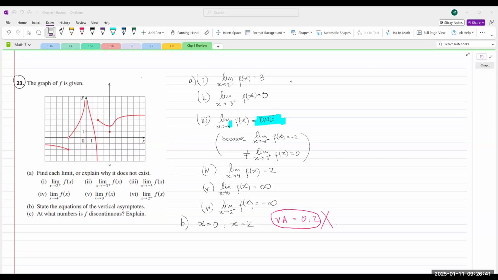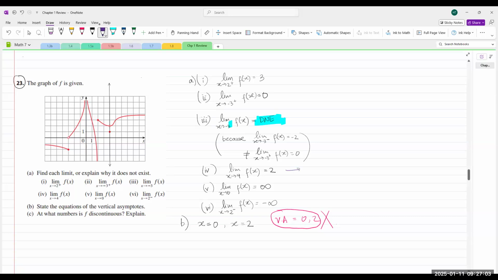Okay, is this only relevant to state that it is discontinuous? That's correct. Continuity requires the limit and the value to be the same. So at x equals 4, the limit exists. Let me write it down here.